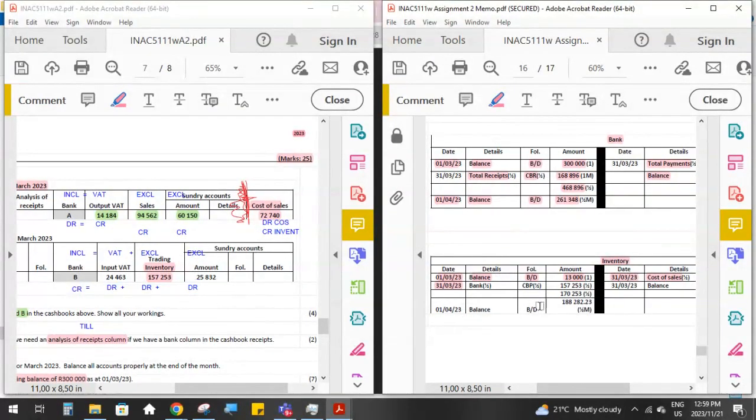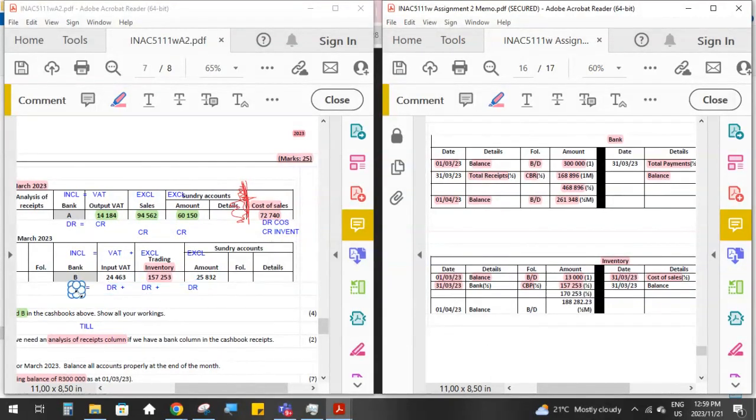My inventory is increasing by 157,253. That is the total amount by which my inventory increased through all of my purchases in the cash book payments.